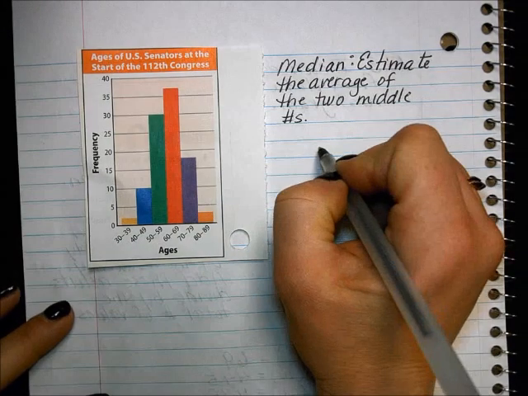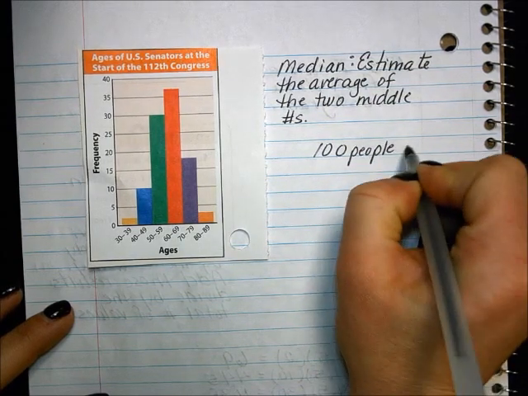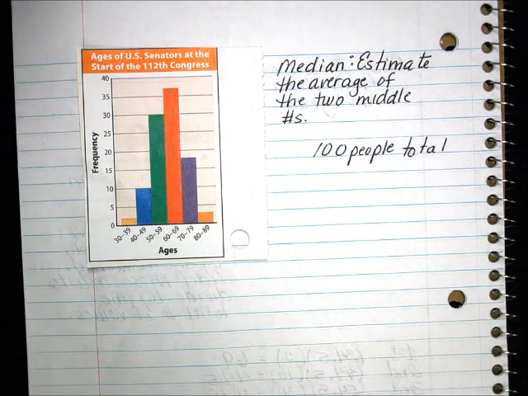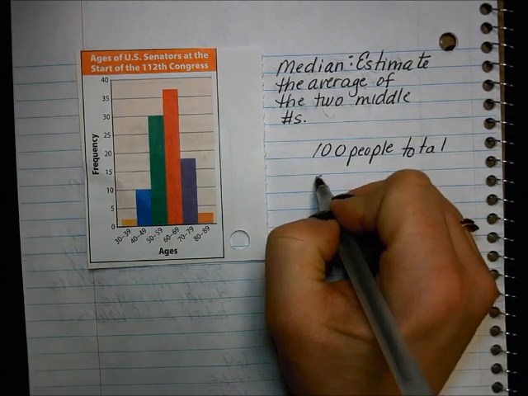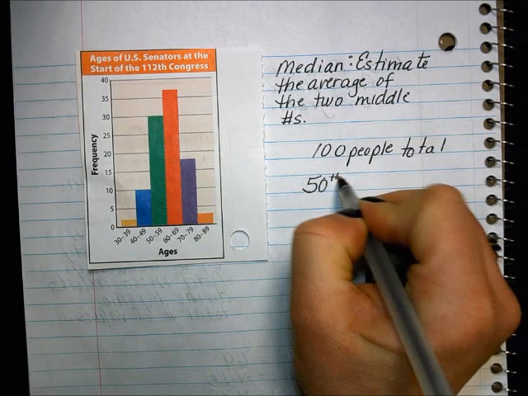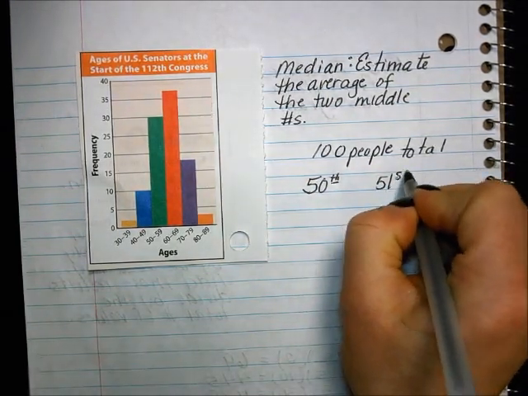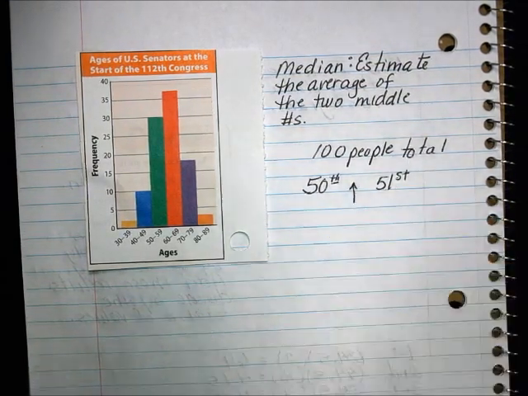Here's the first thing that we need to know. We know that there were 100 senators total. So if we're talking about finding the middle age, we know that the 50th person on the list and the 51st person on the list, we want to know what's in the middle.